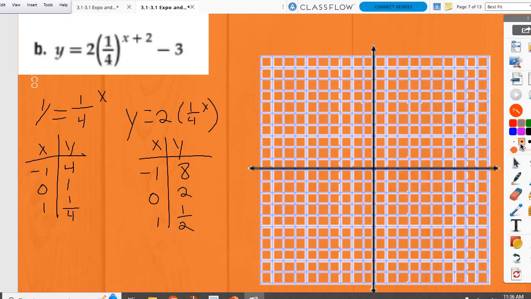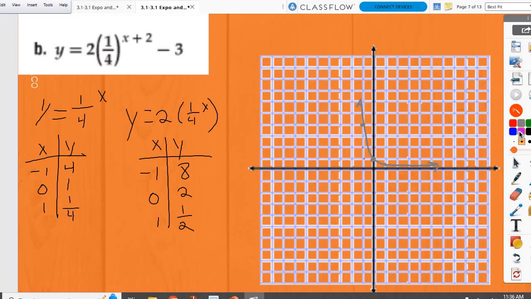So my parent function looks something like that. The shape of the graph when it's been multiplied by 2. Oops, sorry, that was backwards. Should look like that. There we go. Because it's a decay graph.